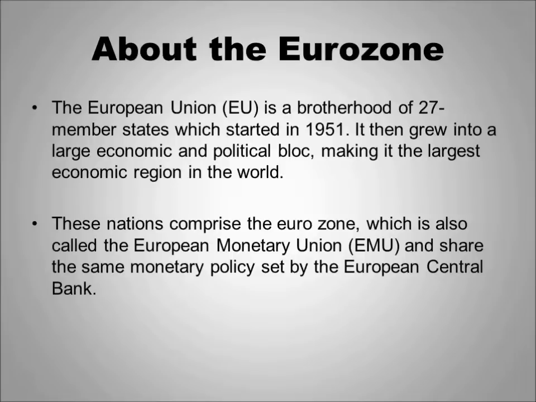Now, these nations comprise the Eurozone, which is also called the European Monetary Union, and share the same monetary policy set by the European Central Bank. So we're talking about a collection of countries that share the same central bank, which explains why the European Union is the largest economic region in the world.